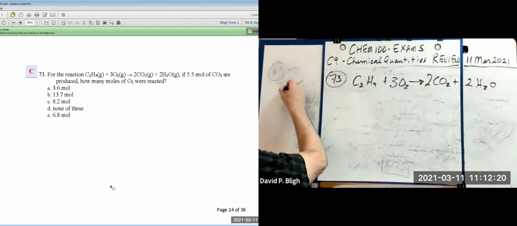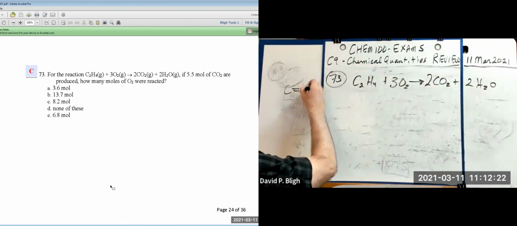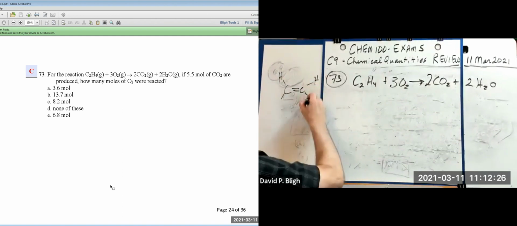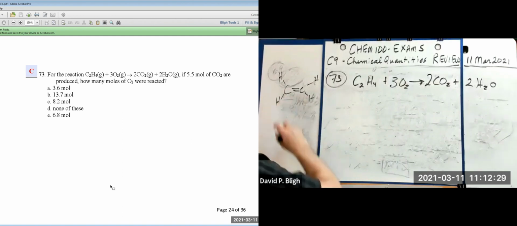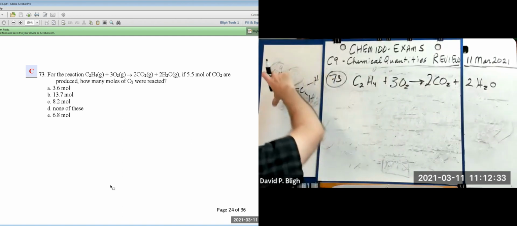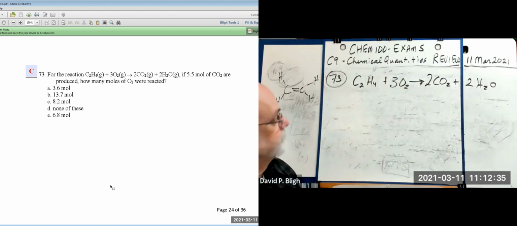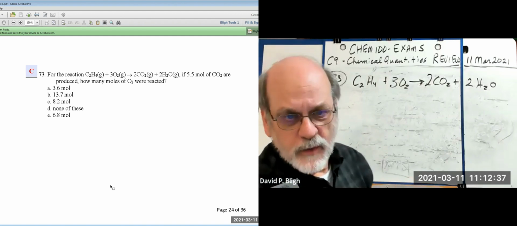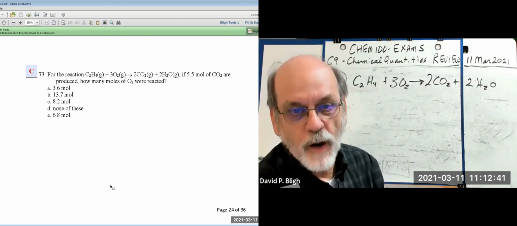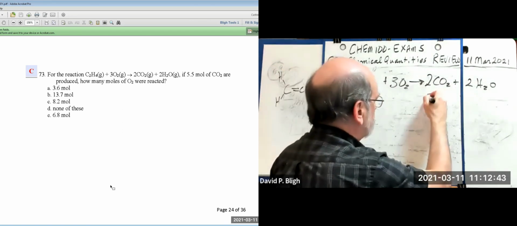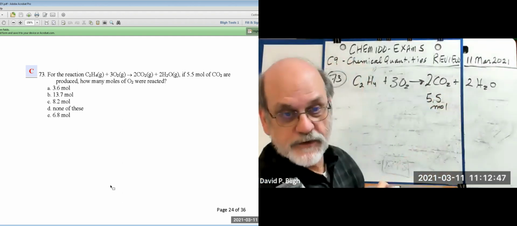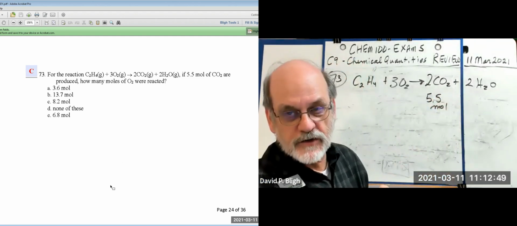That compound is actually like that, so you've got the carbons bound together by a double bond, and then the hydrogens around there like that. Okay, what are we given? 5.5 moles of CO2 are produced. Then what's the question? How many moles of oxygen were reacted?